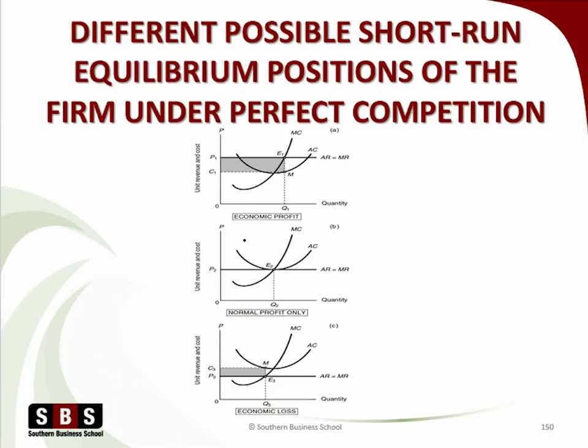So just make sure you understand the concepts around those three over there. You'll see that for normal profit, there's no shaded area. But as soon as you get a loss, then the shaded area is above the AR and MR curve line, and then if it's profit, it's below the AR equals MR curve.